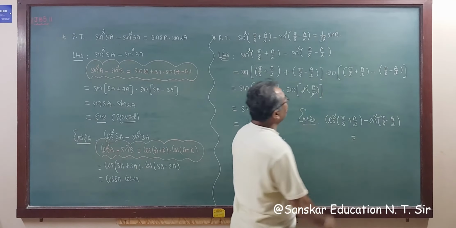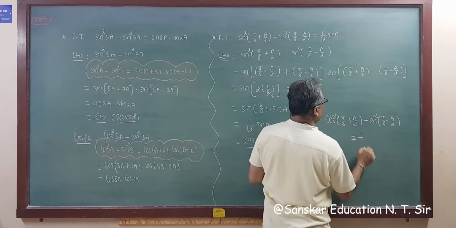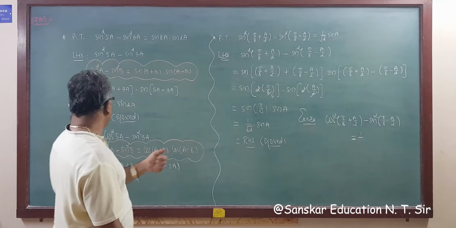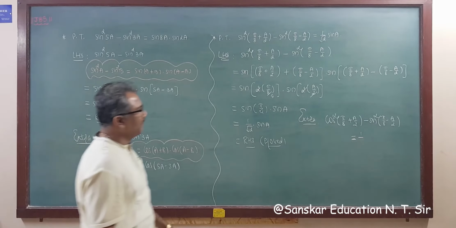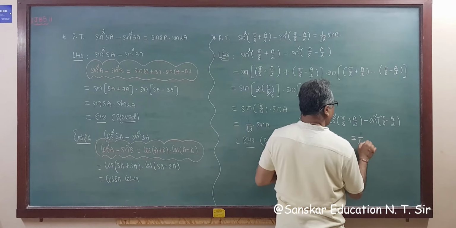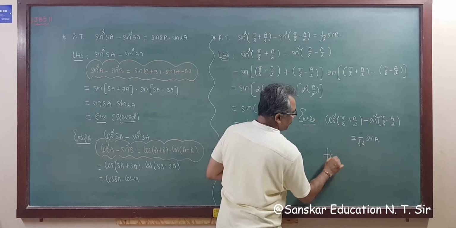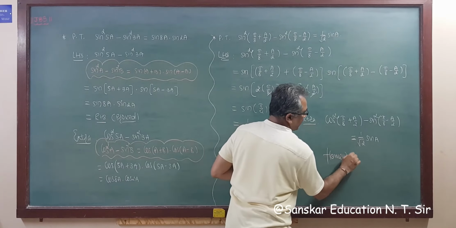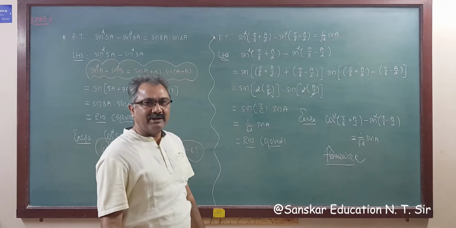Then again the answer will be the same, 1 upon root 2 sin A, that you have to prove. So prove this answer yourself. This is homework for you, so do it yourself, okay?